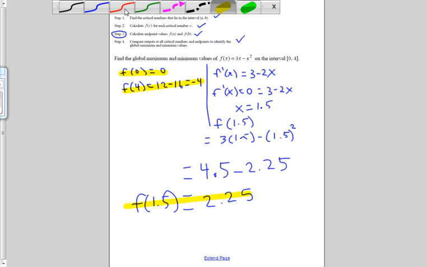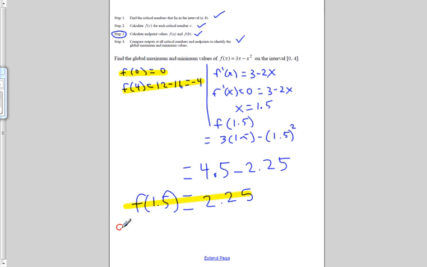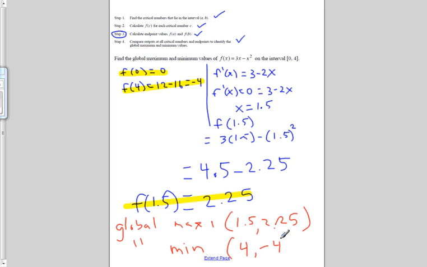To find the global max, I'm just asking, what is the biggest y value? So the global max is the point 1.5, comma 2.25. And the global min is the smallest value. That smallest value is 4, comma -4. And that's finding global max and global min using endpoints and critical points.